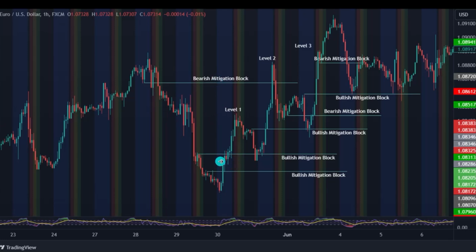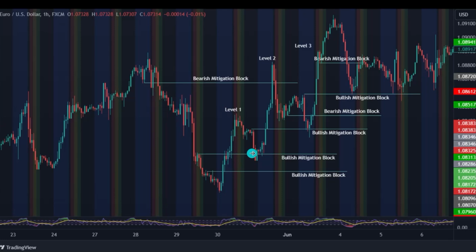Now, as we see, price continues up and it actually hits this bullish mitigation block that we have not marked out. So this is a high, a low, and a higher high. If we draw the line out, it actually touches right there and goes back to this bullish mitigation block. So that is another trade that you could have taken on a smaller time frame.